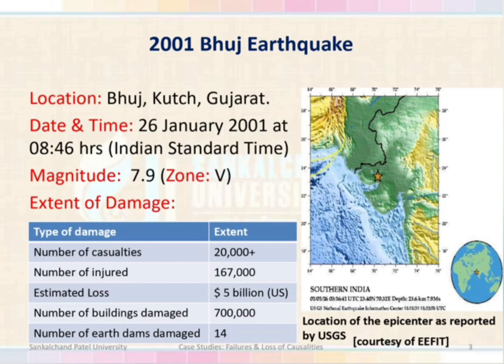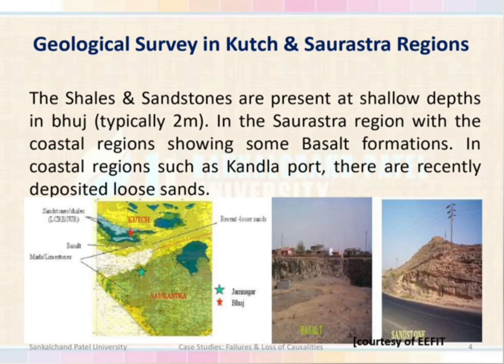On 26 January 2001, the Bhuj region of Kutch, Gujarat experienced an earthquake of 7.9 magnitude at 8:46 as per Indian Standard Time. Here you can see the casualties, injuries, losses, and building and dam damages. As per the geological survey, shale and sandstones are mainly found in the Bhuj region.